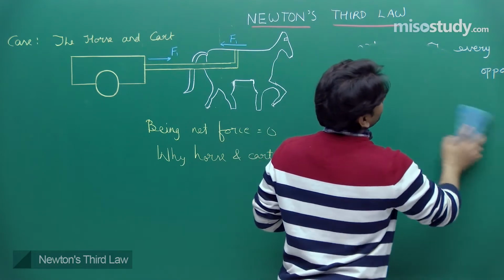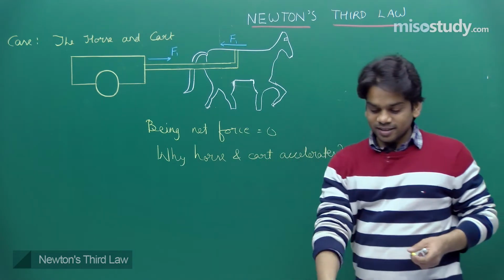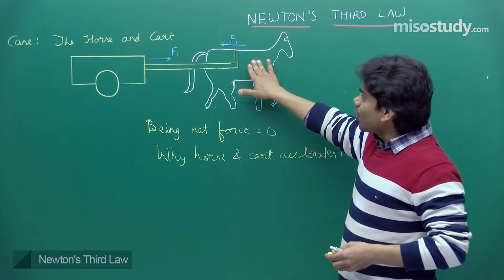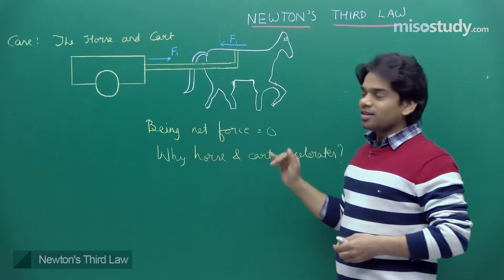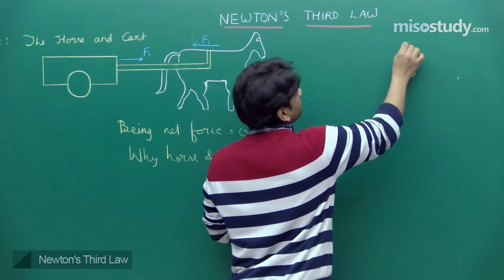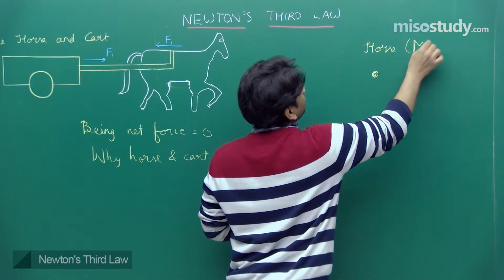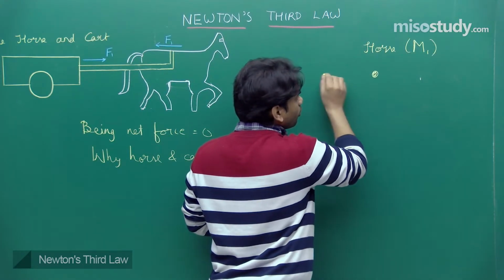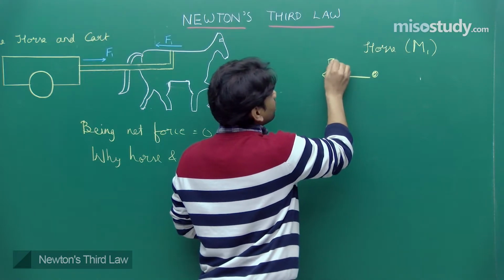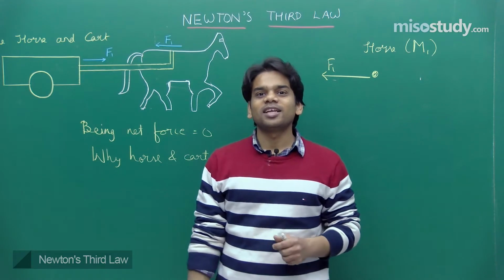See what forces are acting on it. On the horse, the force is applied by the cart in the backward direction. So if we mark here the horse, and let's say its mass is m1, a force of magnitude F1 is acting in the backward direction.